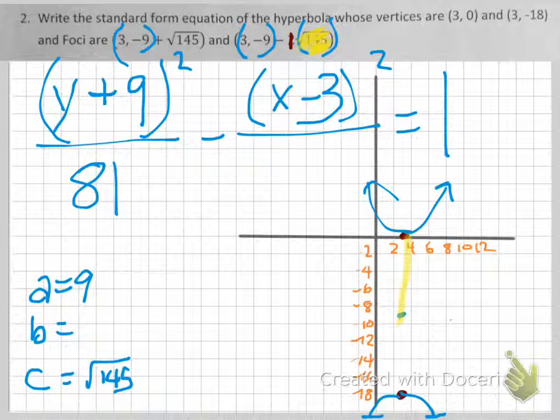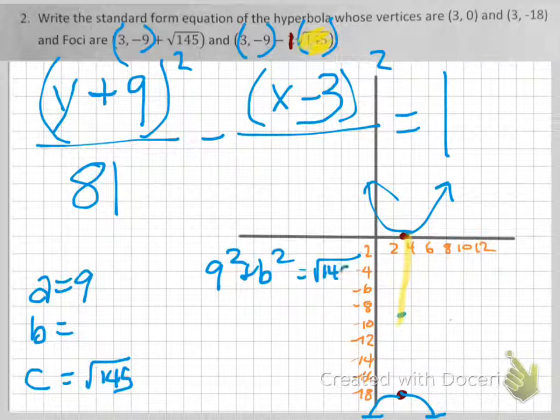So to find our b value, we can do Pythagorean theorem. So 9 squared plus b squared equals c squared. So then when we square that, we get 145. So 145 is 81 plus b squared.